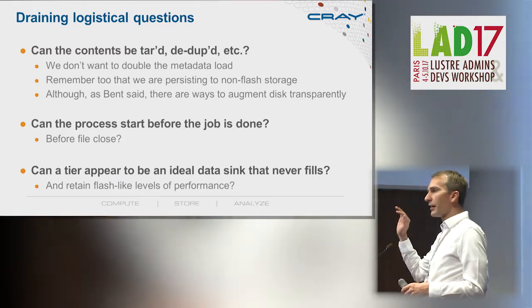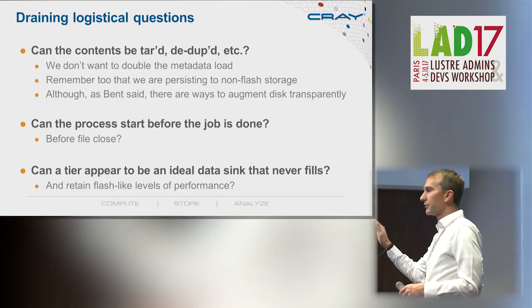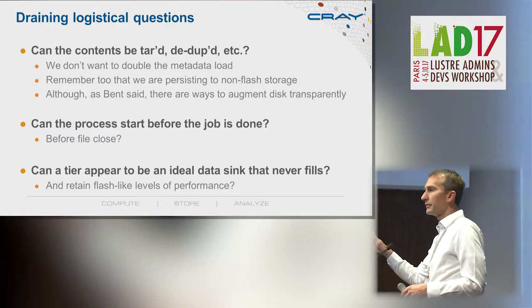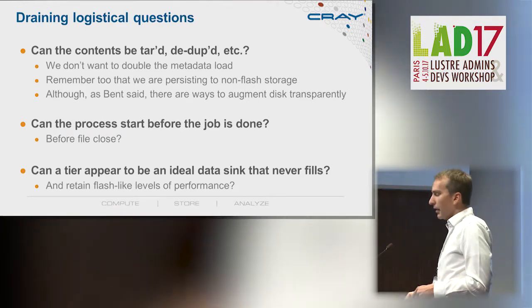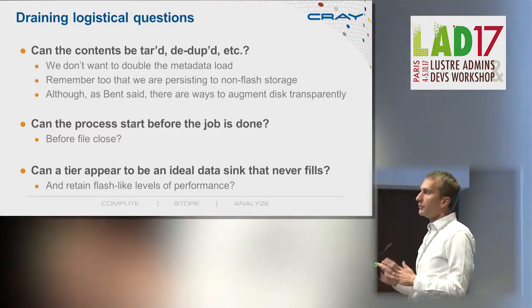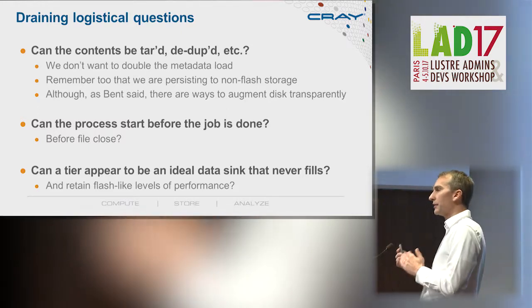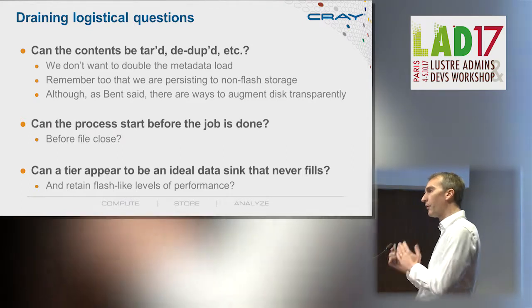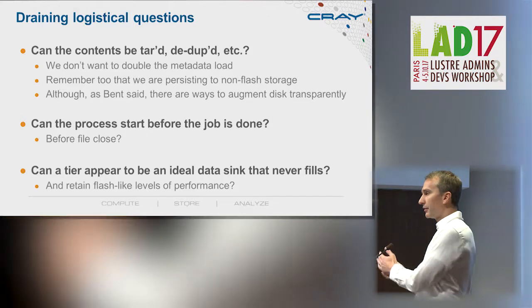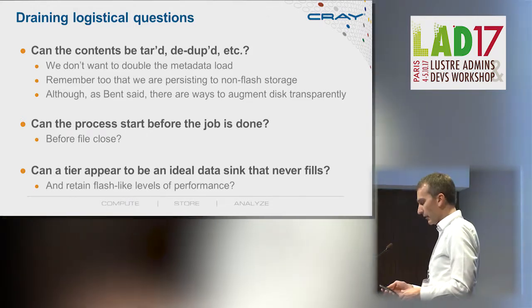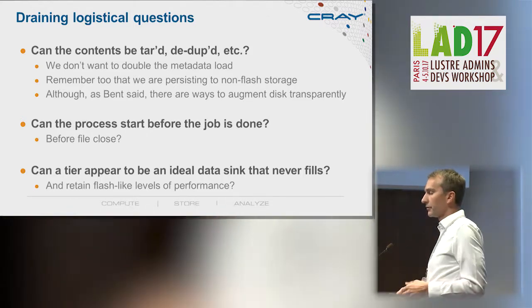Because that allows me to always use that flash for its intended purpose, right? The highest performance, highest capability storage that my Lustre file system has to offer. And if we do that, then we can always maintain that high level of performance. We won't always have to say, oh, user, I'm sorry, this flash tier is full. Today you're going to have to use the disk tier, and your job will take X times longer, right?